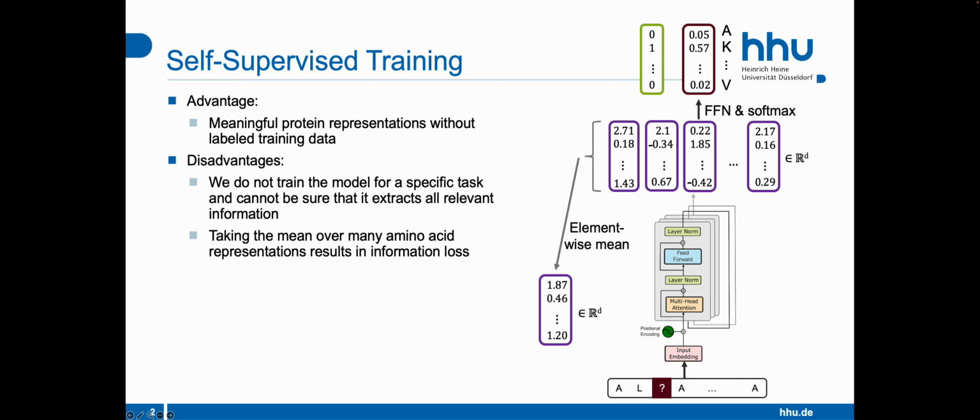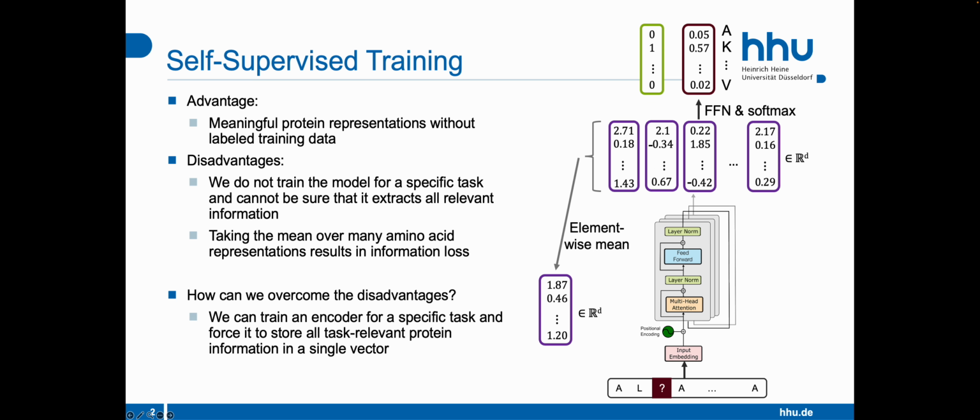A further disadvantage is that simply taking the element-wise mean over hundreds of amino acid vectors results in information loss. Specific details about the sequence, such as the exact order of amino acids or local patterns, might not explicitly be captured in the average representation, even if this information is relevant for the prediction task.